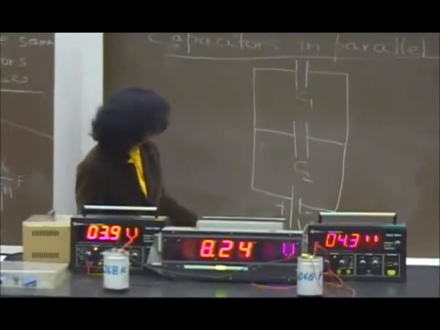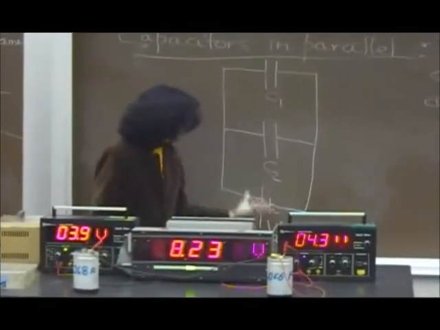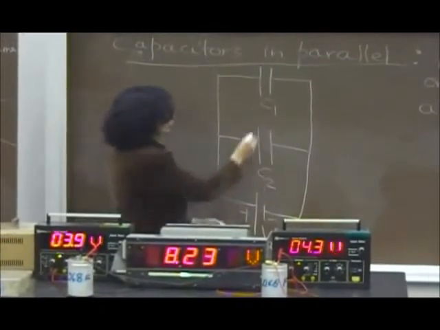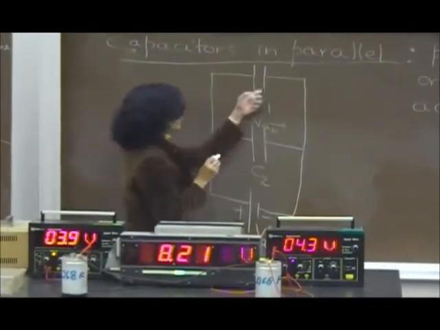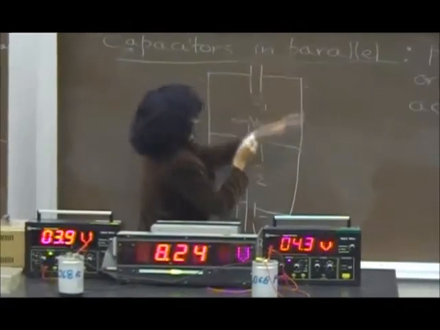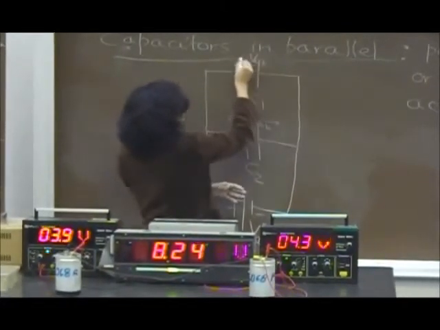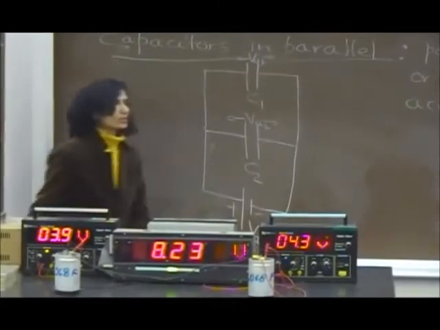So what I mean is that the potential difference across C2 will be VAB when the current stops, and the potential difference across C1 will also be VAB when the current stops.